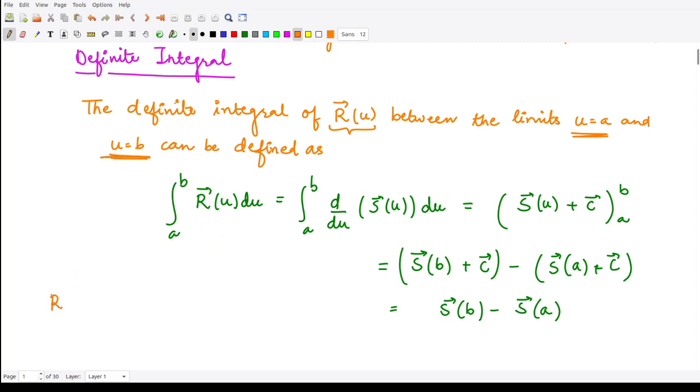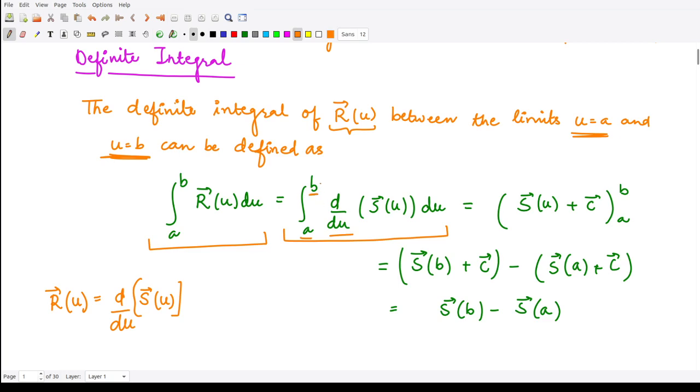Here also we write r of u to be the derivative with respect to u of some other vector point function s of u. In that case we define this integral to be equal to this particular integral, right? When you perform the integration, the integration and the derivative cancel out each other's effect as in the previous case, leaving behind these limits.